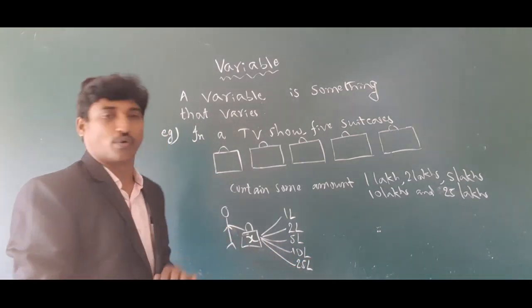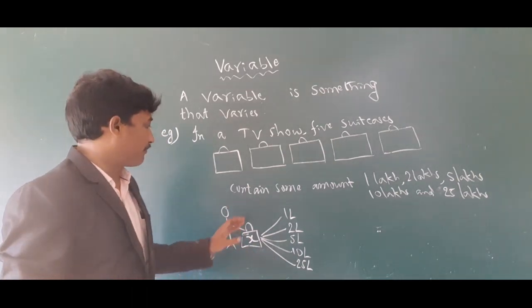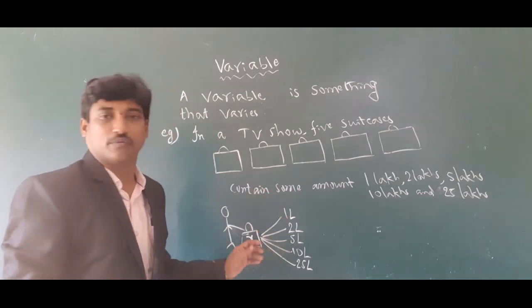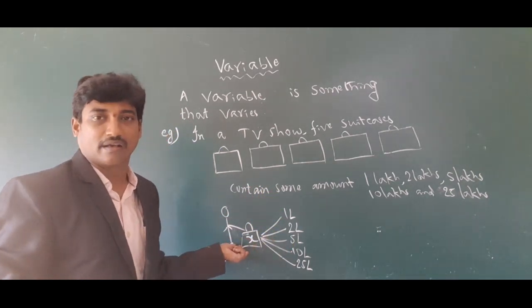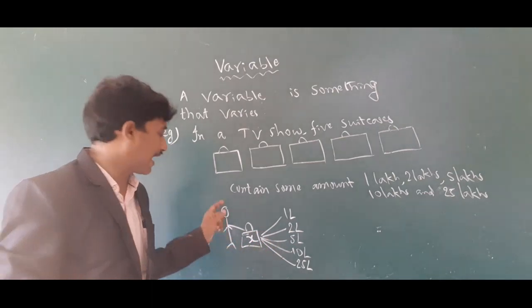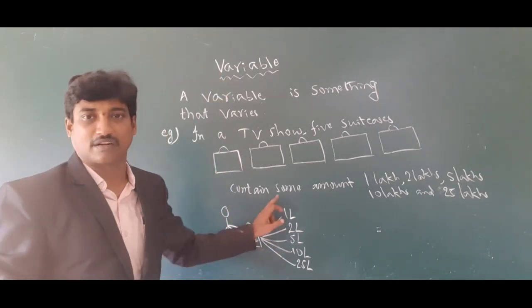At present we don't know what the X value is. So instead of the unknown value, we are taking a letter x. Here x is called a variable. A variable is something that varies.